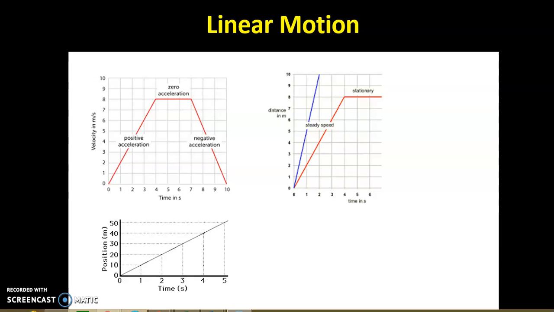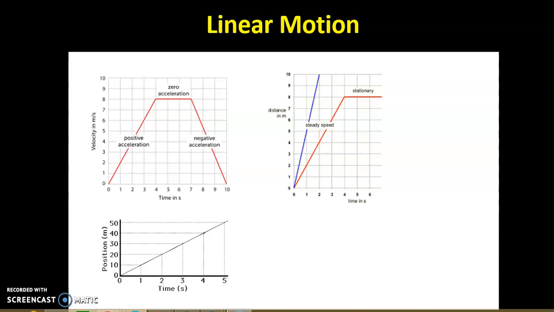So types of linear motion can be vector and scalar quantities. A scalar only describes the magnitude, only has one measurement, whereas a vector quantity describes magnitude and direction, so it has two measurements.